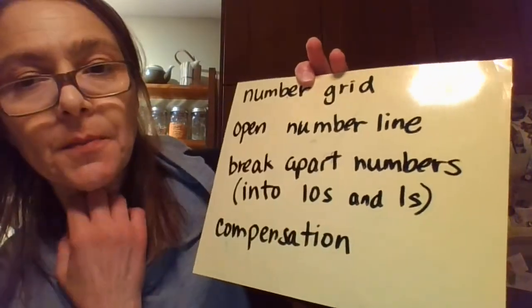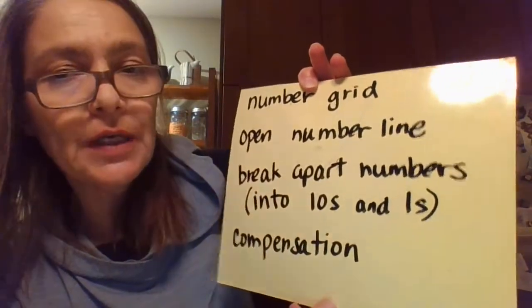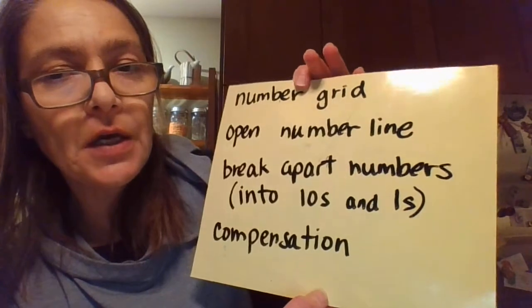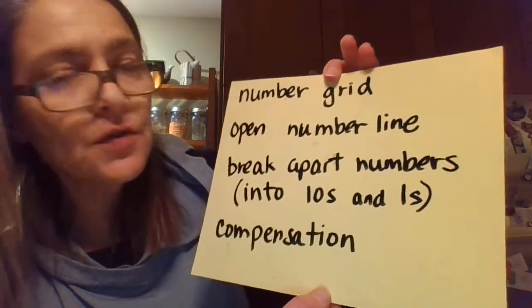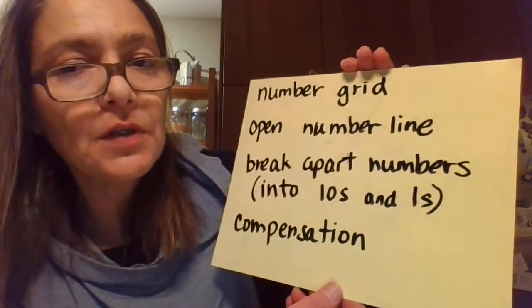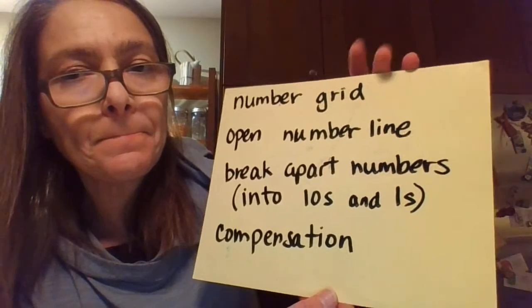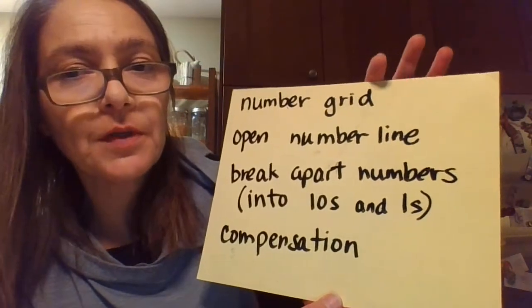And then compensation. When you add a little onto one addend and you take it away from another, to kind of move the numbers around so they're friendlier to add, and you're looking at zeros in the ones place value to add quicker. You're looking for zeros in the ones place value.